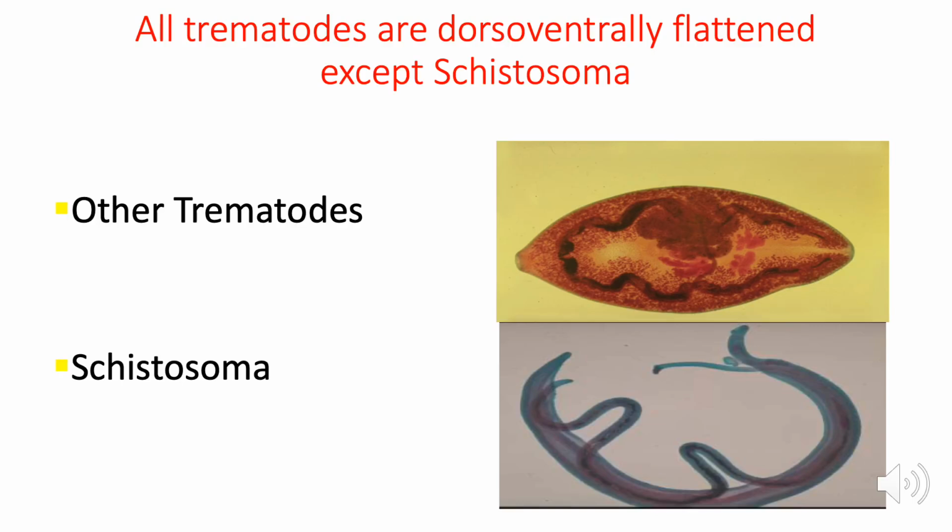It has a leaf-like body, and its body is dorso-ventrally flattened. Take a look at the picture of Schistosoma. It resembles the nematodes or roundworms more. But there's a reason why Schistosoma species are classified under the trematode group, and we will discuss that later on. At this point, you have to memorize that all parasitic trematodes to humans are dorso-ventrally flattened except for Schistosoma.